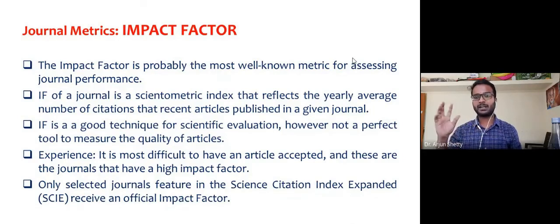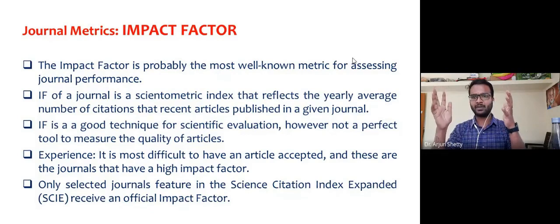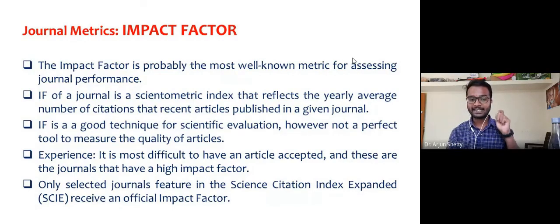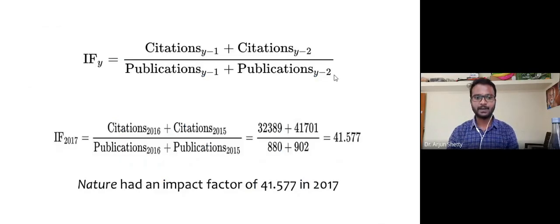There are some other journals that show impact factors like 7, 10, 9, but they are self-made impact factors. They are not genuinely, academically accepted impact factors. The journals featuring in the Science Citation Index Expanded will have the genuine impact factor.